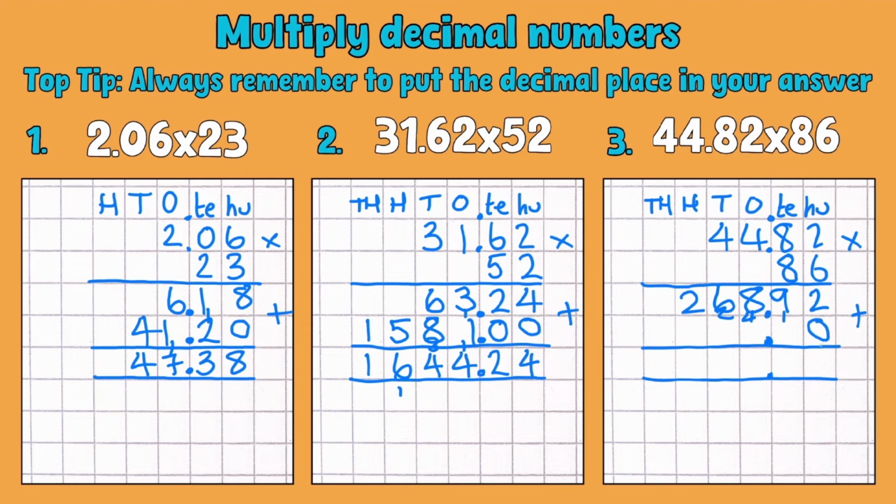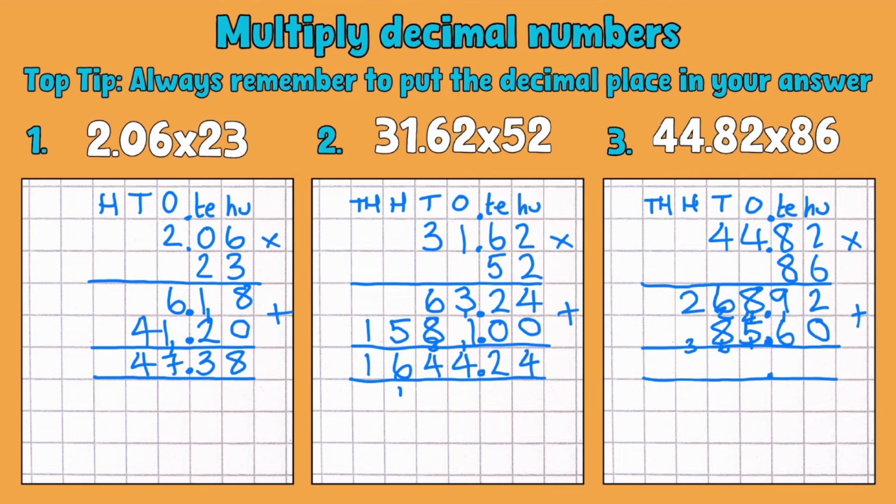Right, so now I want to multiply by my 8. And again, because we've already multiplied by 10, I can just times by the 8. So 2 times 8 is 16. 8 8s are 64. Add the 1 is 65. There we go. 4 8s are 32. Add the 6 is 38. And again, 4 8s are 32.